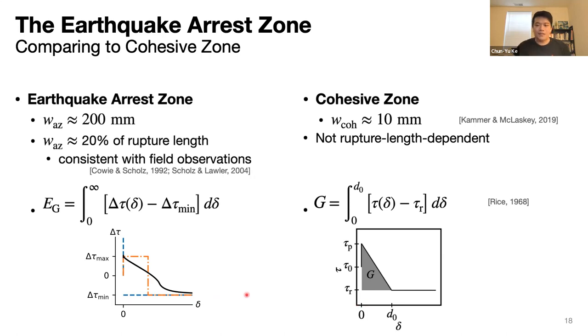And what they are doing is actually assuming that the initial stress distribution is uniform. So the difference between these two curves is only an offset and it doesn't affect the area. But that might not be correct because according to fracture mechanics, under uniform initial stress, a rupture will never stop once nucleated, unless it's a huge barrier with very high fracture energy.